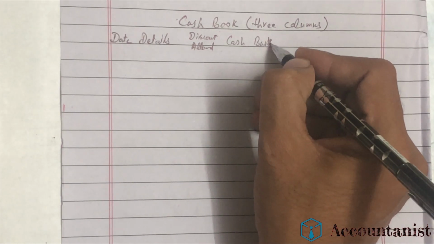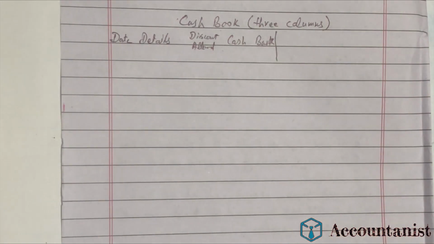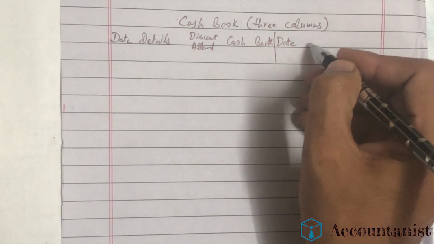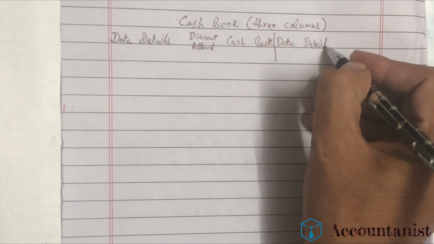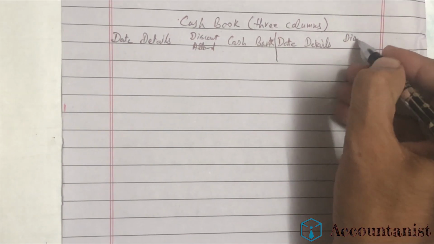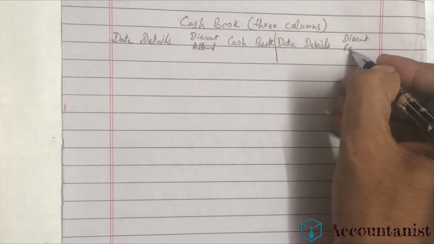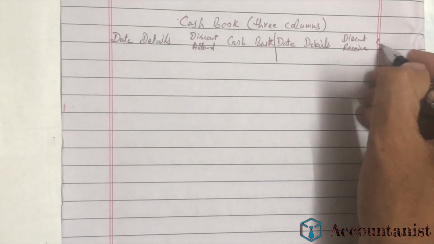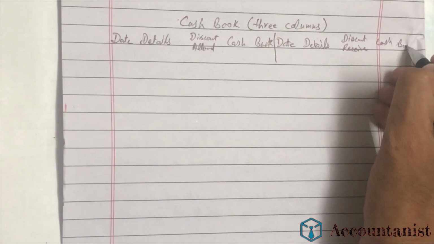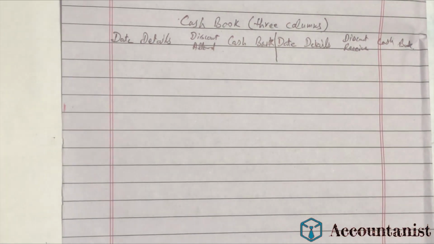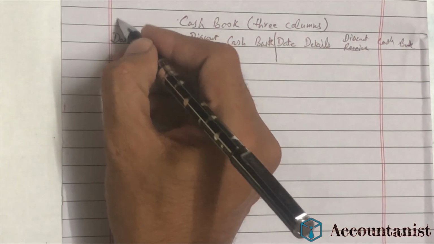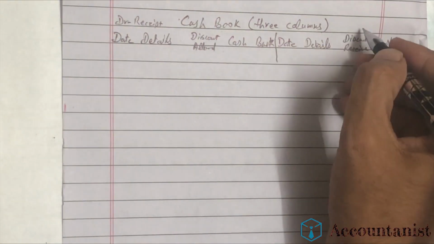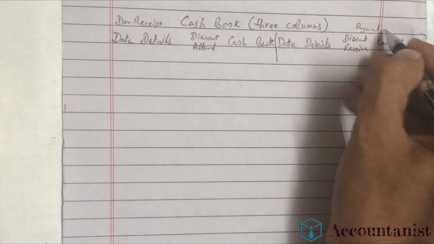That will be my debit side. On the credit side, we will have date, details, and then the discount received column, and then again cash and bank columns. So the debit side means the receipt side, and the credit side means the payment side.